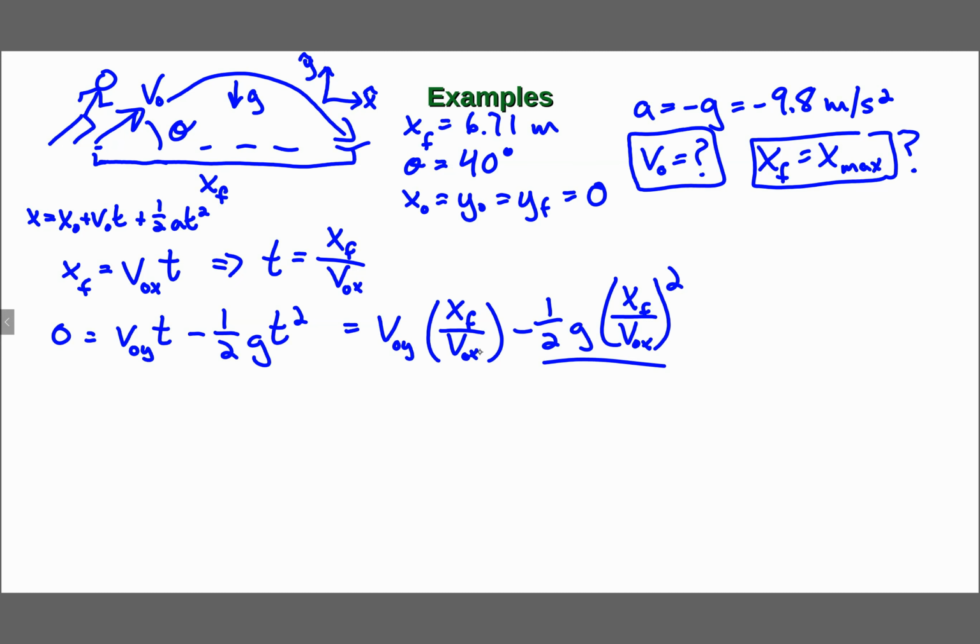So we have g xf squared over 2 v naught x squared equals v naught y over v naught x times xf. We can divide both sides by xf, and that gives us this.